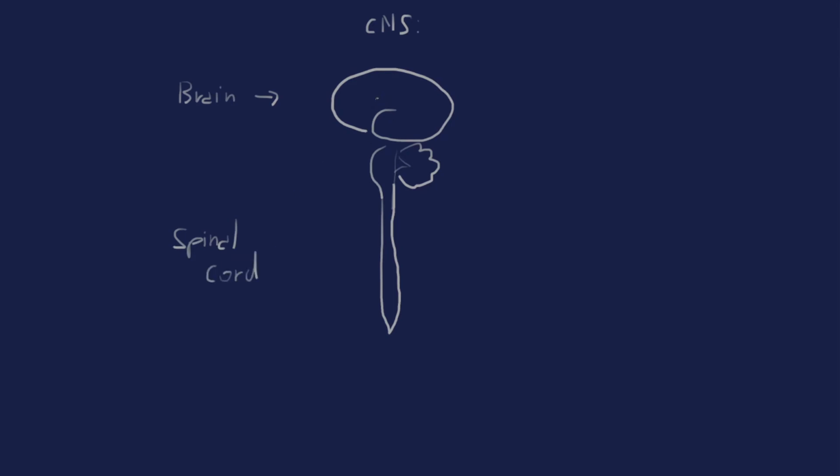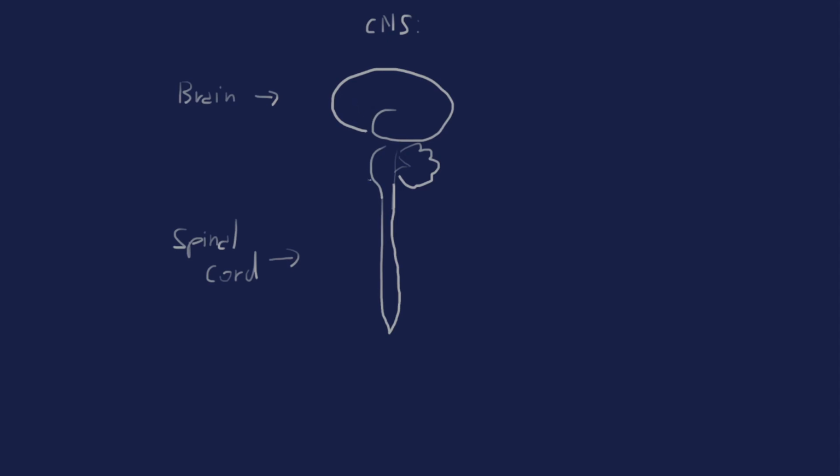Here all the higher level neurons sit. The neurons that sit in the central nervous system tell the peripheral nervous system what to do, and cells in the peripheral nervous system pretty much just act as messengers. They decide almost nothing, they just get information from the neurons of the central nervous system.